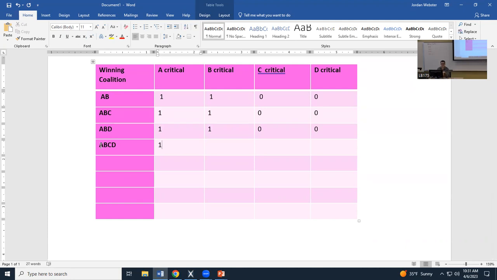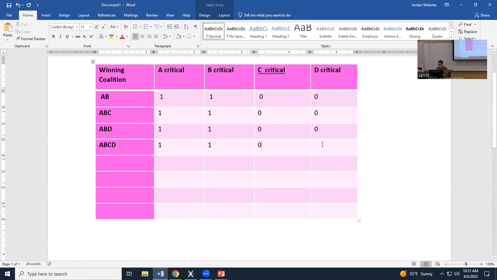If I drop A, you get B, C, D, which is not a winning coalition. B is also needed. If I drop B, A, C, D is not a winning coalition. C is not needed because A, B, D already wins. And D is not needed. A, B, C already wins.